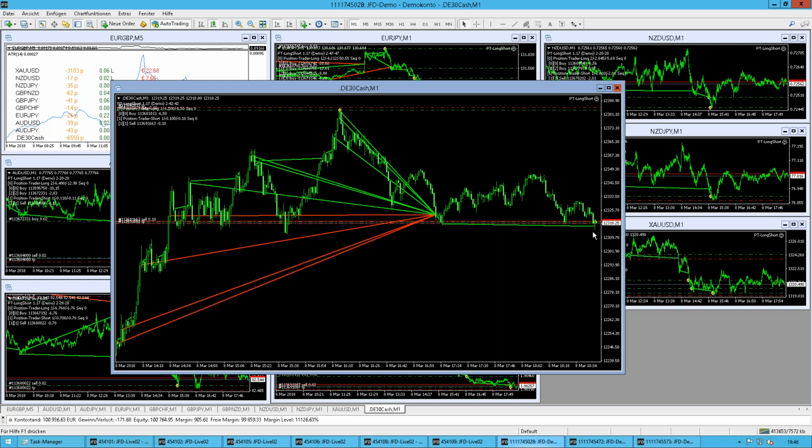Now you see we opened a new short trade, always at a given minute number, and now maybe already in a few seconds that short trade will hit the take profit.